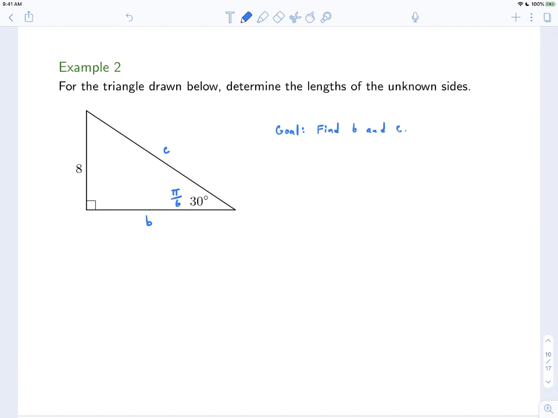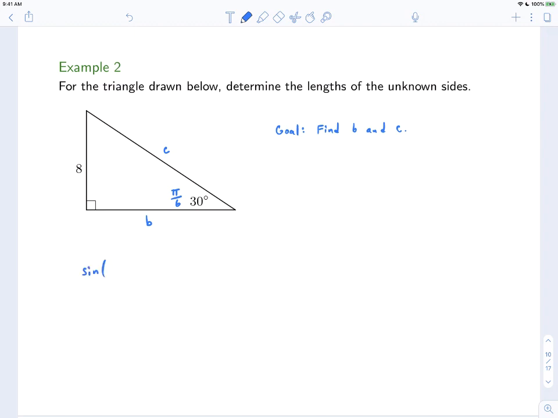So what do we know? Well, we know that this angle is 30 degrees or pi over 6 radians, and we know that this opposite side is equal to 8. So we know the opposite side, and we want to find this hypotenuse. So the trigonometric function that relates the opposite side and the hypotenuse is the sine function.